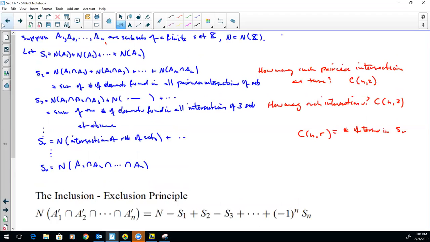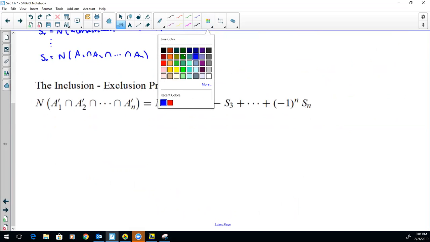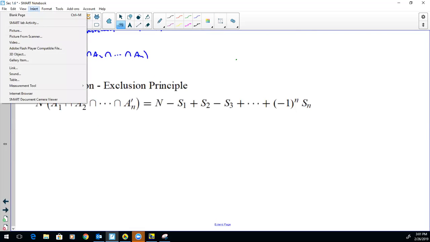Okay. And let me see if I can give a little bit of a proof of this. It's kind of an interesting proof. Before I do the proof, I need to go off to the side and do something else. So, let's insert a blank page.